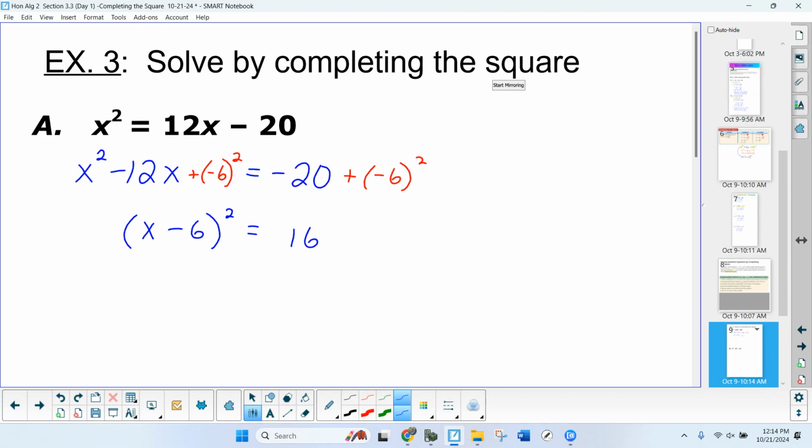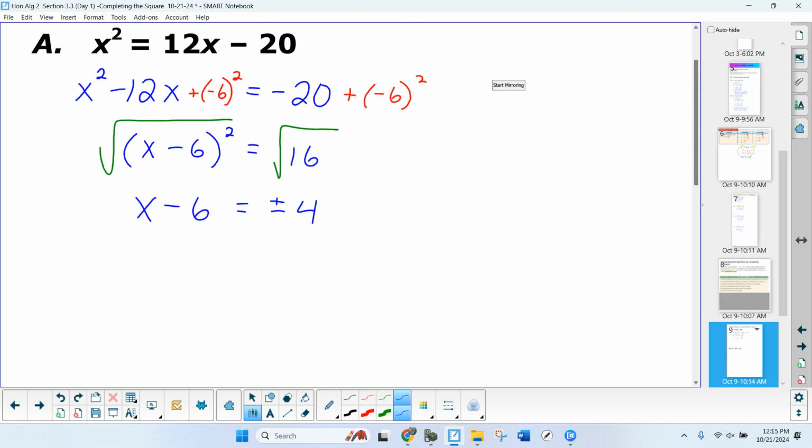All right. Now we're where we were on example 1 at the beginning of class. How do you undo that? Square root both sides. When you do, you get x minus 6. What do you put in front of this? What's the square root of 16? 4. What do you put in front of it? What do we do now to get x by itself? Add 6.